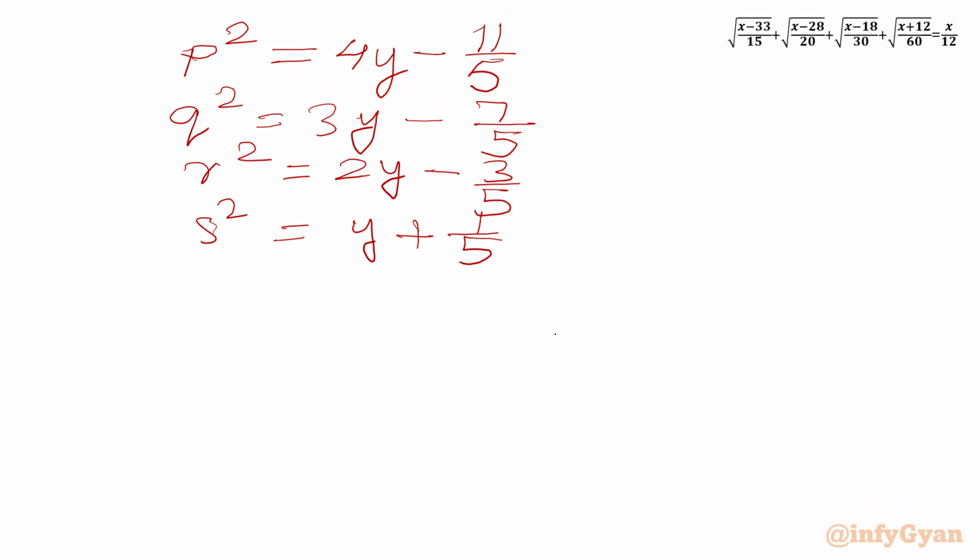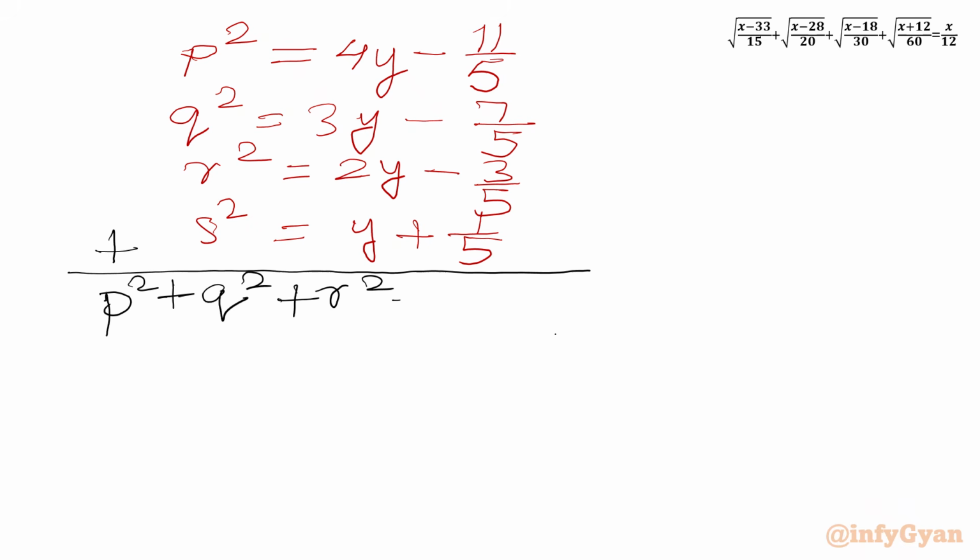Now we have to add all the 4 equations. We'll put a plus sign over here. So in the LHS we are going to write p square plus q square plus r square plus s square, which will be equal to 4 plus 3 is 7, 7 plus 2 is 9, plus 1, 10y, minus 11 over 5 minus 7 over 5 minus 3 over 5 would be minus 21 over 5.